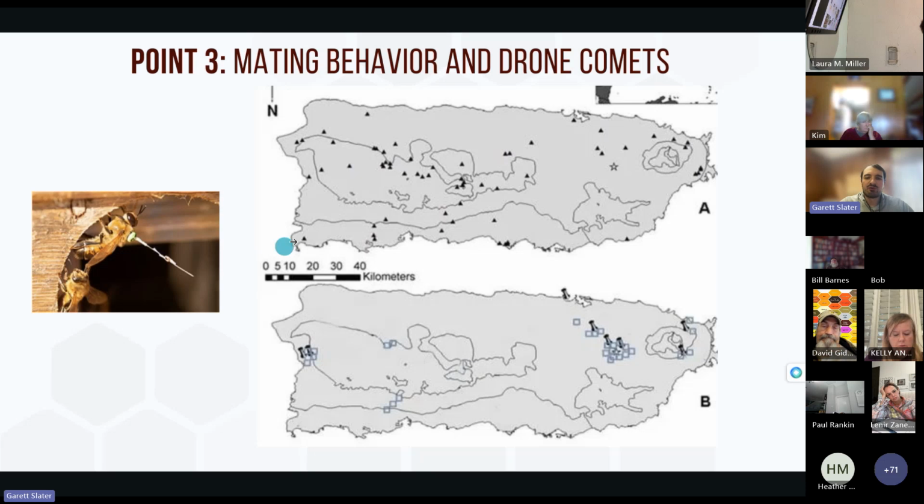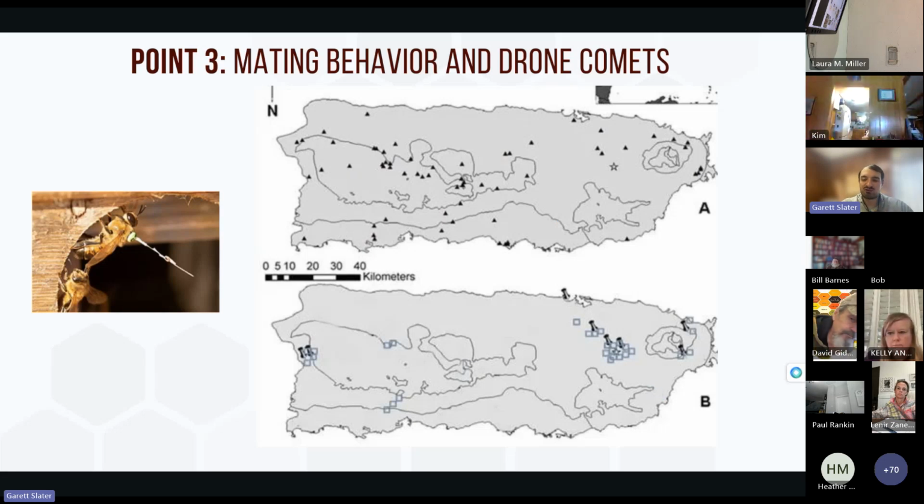These small triangles are the different apiaries where they tracked the drones. You can see there's maybe 30 to 40 different colonies that they tracked drones from, but the drones are only going to maybe 4 to 5 of these drone congregation areas. So even though there are a lot of these apiaries, they're only going to a few of these DCAs.